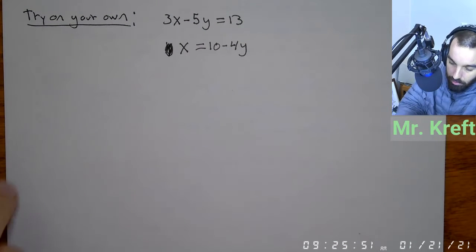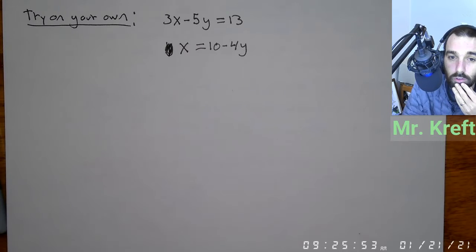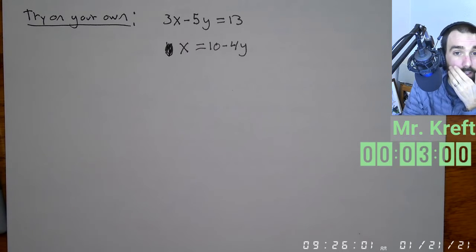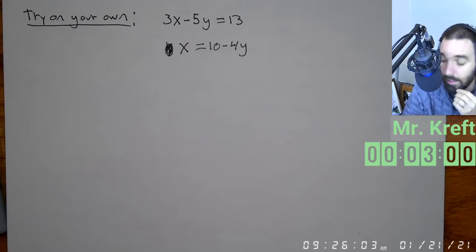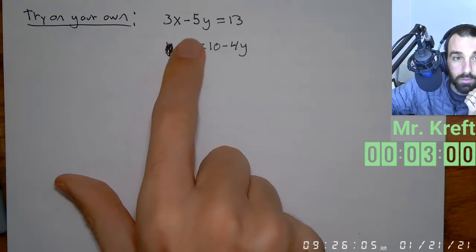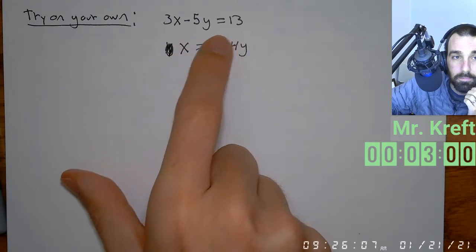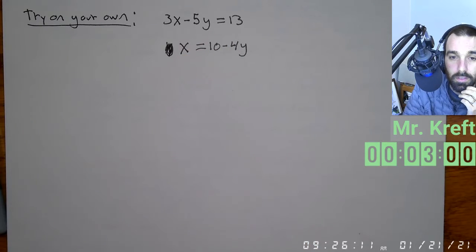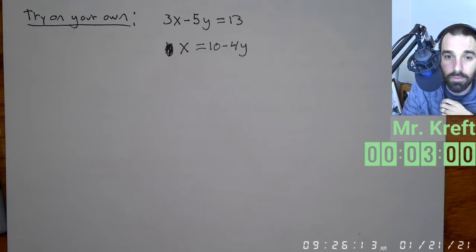I want to make sure you guys have enough time to try this, so I'm going to give you 3 minutes. I'll start that in just a second so you can have some time to copy down this problem. So it's 3x minus 5y equals 13, and then x equals 10 minus 4y. Let's see what happens. Let's give that a start. Again, if you have questions, please let me know.